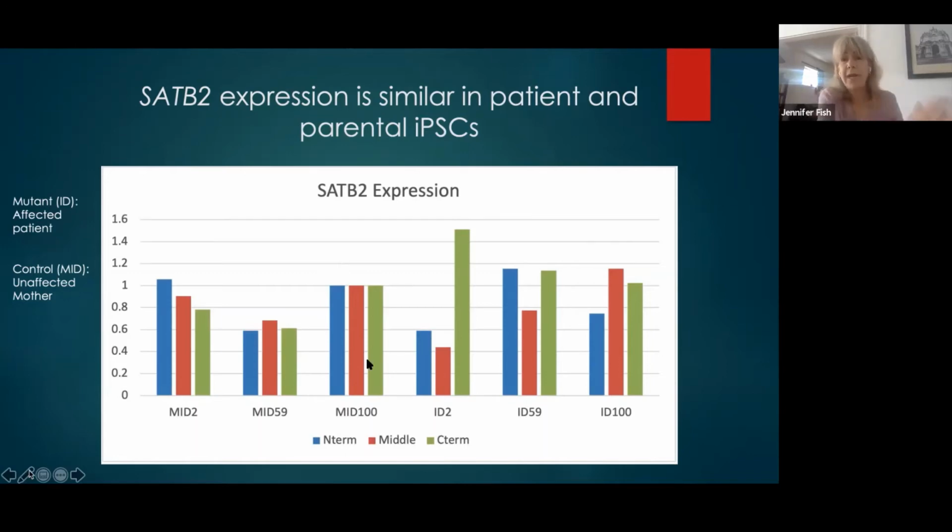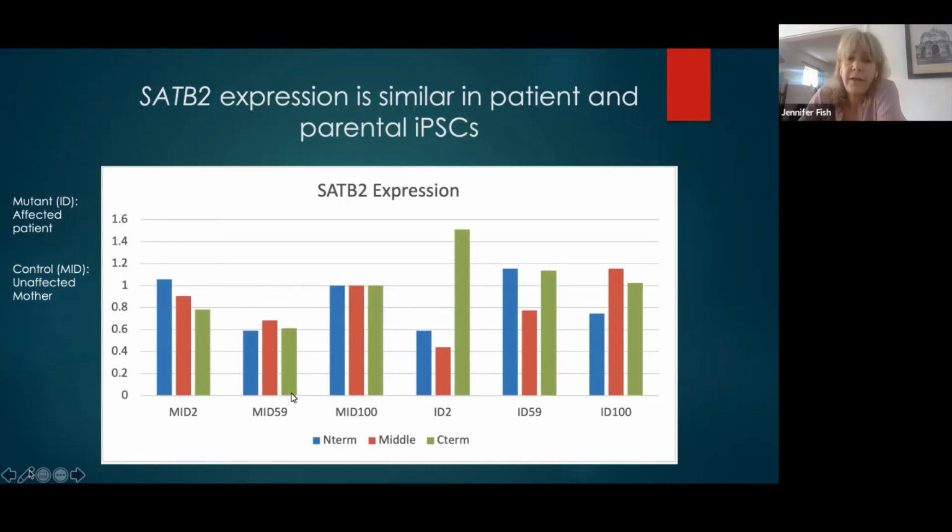And then we asked how much SATB2 mRNA is in the other cells relative to this one individual. So that is why we have this arbitrary 1. This individual was set to 100%, and everything is relative to that. And you can see that even among the maternal individuals, and the different colors just refer to 3 different quantifications that we did, there's some variation among those 3.